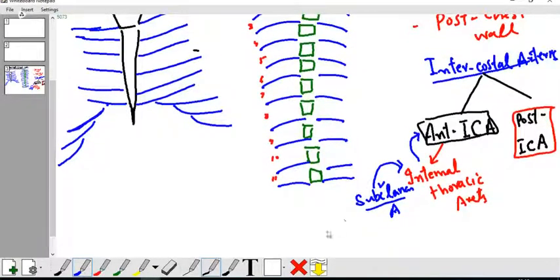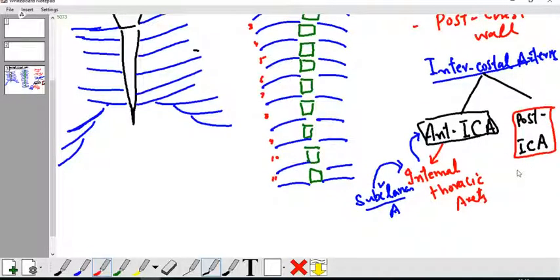And the posterior chest is supplied through the intercostal spaces. In total there are 12 ribs and 11 intercostal spaces.